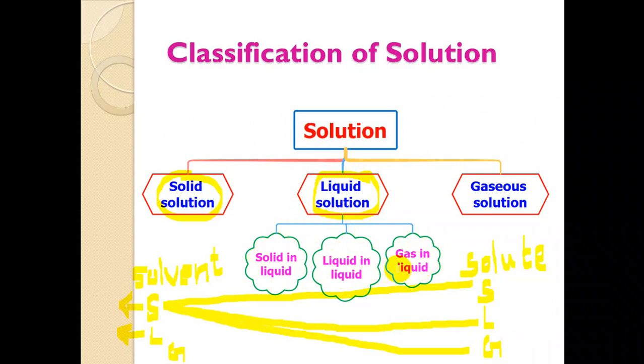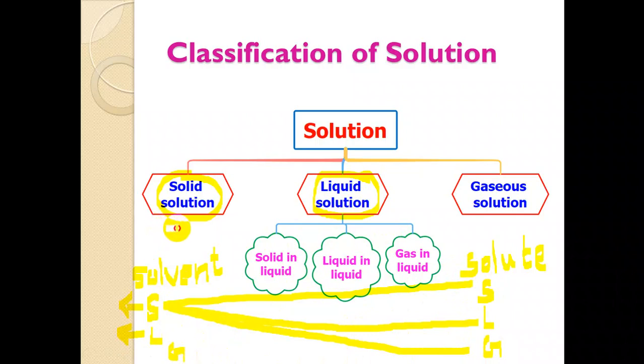Then what about gaseous solution? Here the solvent is a gas which is mixed with a solid solute or a liquid solute or a gaseous solute. So once again we can have three different solutions which are in the gaseous state.